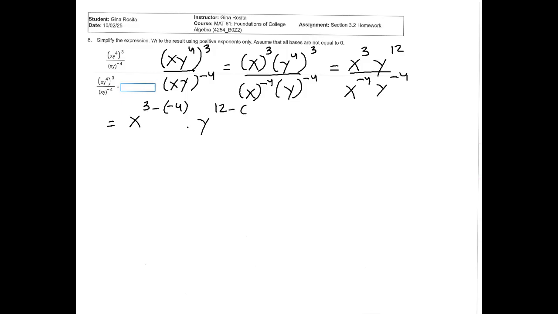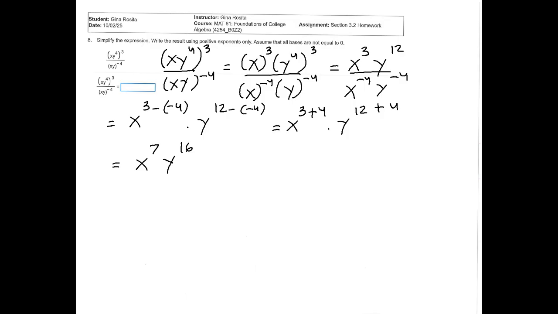So this will become x, the exponent is 3 plus 4, times y, 12, negative times negative is positive 4. So now we can solve. x to the 3 plus 4 is 7, times y, the exponent 12 plus 4 is 16. Okay, so this is for number 8.